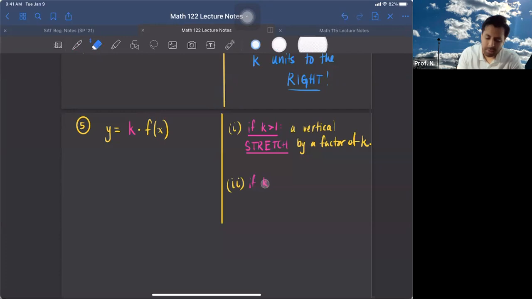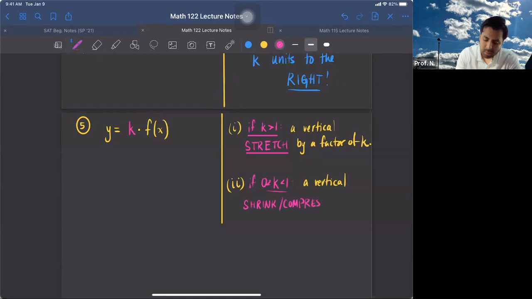However, if this number is between 0 and 1, then it's going to be a vertical shrink or compression by a factor of k.